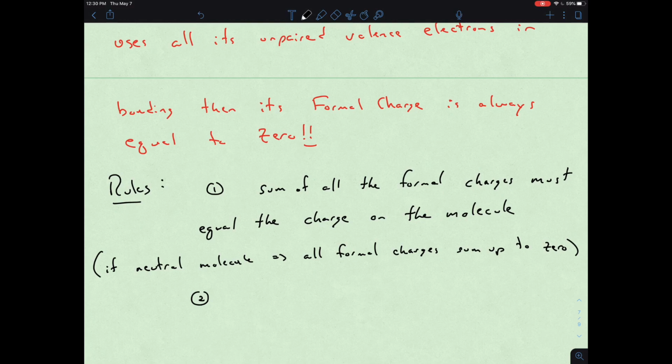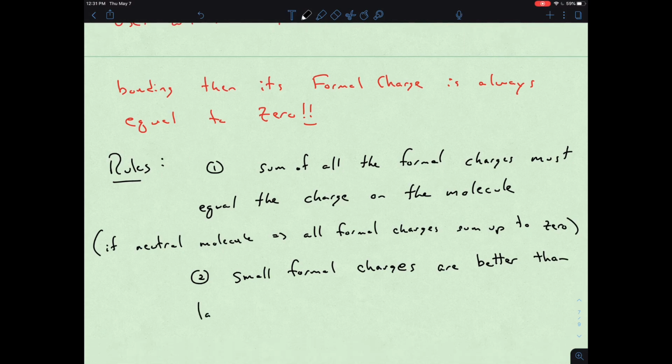Second rule is that small formal charges are basically better than large formal charges.